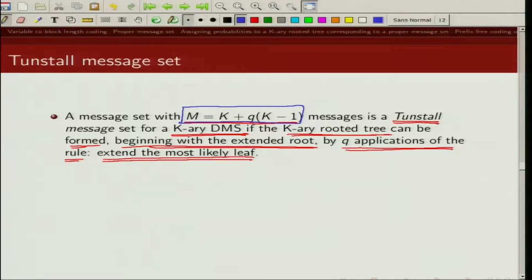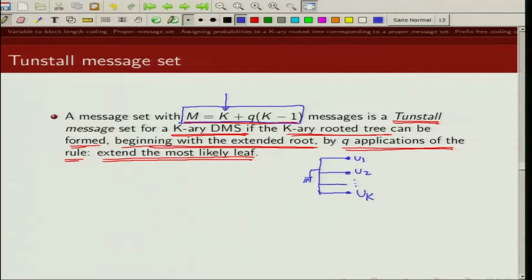If you recall, if U is a Q-ary random variable, then starting with the root, you will have k leaves. Let's call them U1, U2, up to UK. So when you start from the root, you have k leaves.